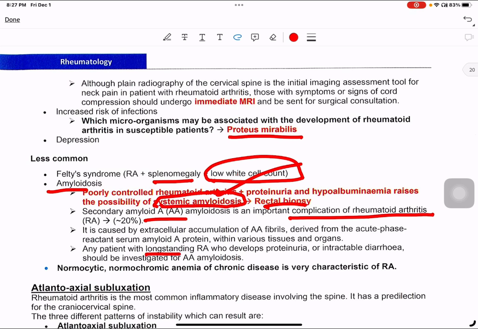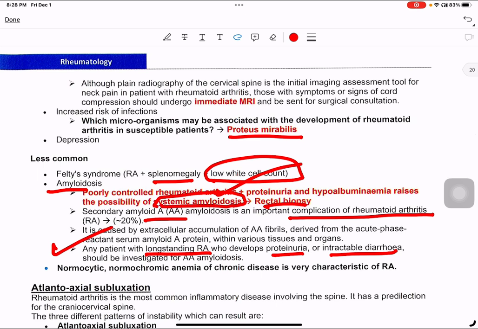Any patient with long-standing rheumatoid arthritis who develops proteinuria or intractable diarrhea should be investigated for amyloidosis.